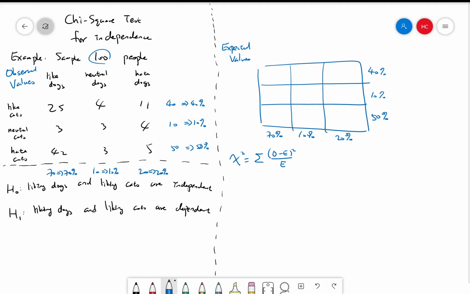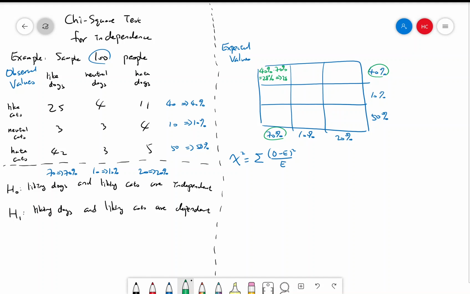All right, so to figure out the expected values, for the top left entry, it corresponds to 40% and 70%. So this entry should have expected value equal to 40% times 70%, which is 28%. In this case, it's easy because there are 100 people in total, so 28% is just 28.